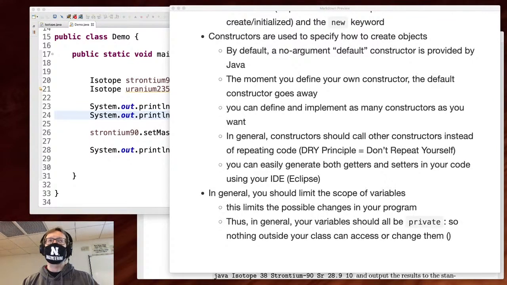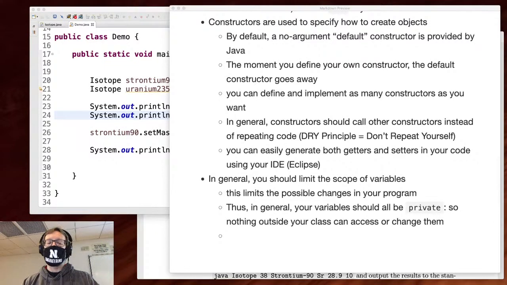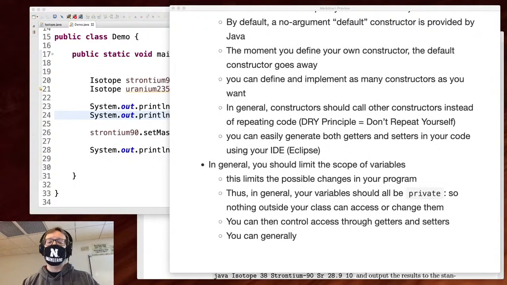This can make it immutable. You can then control access through getters and setters. And again, you can automatically generate those things. You can generally auto-generate this boilerplate code, and it doesn't need documentation. Those are trivial methods.